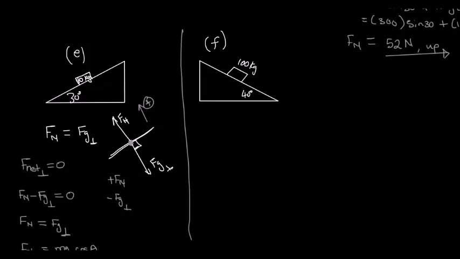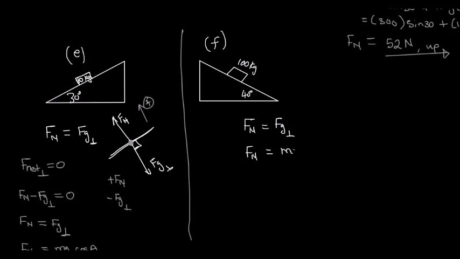All right, for F, by now you know that there is no other force applied at an angle, therefore the normal force is equal to the perpendicular component of gravity. Once you have done these calculations many times, you no longer struggle because you know where it will end up: Fg perpendicular equals the normal force.